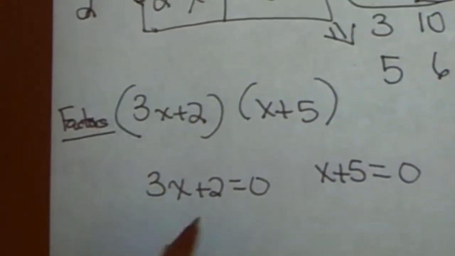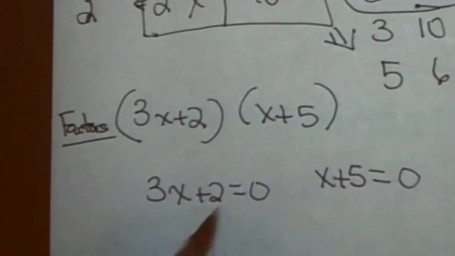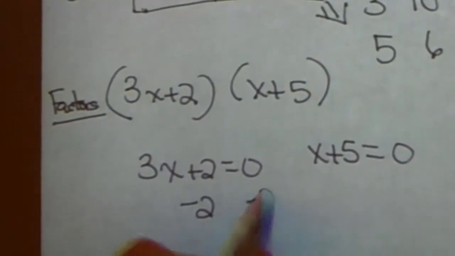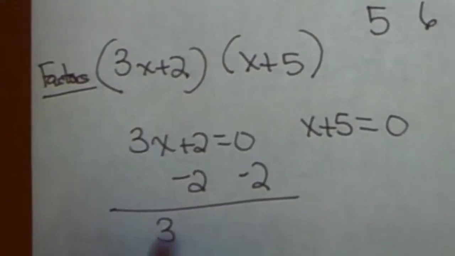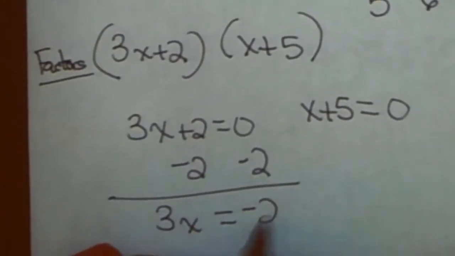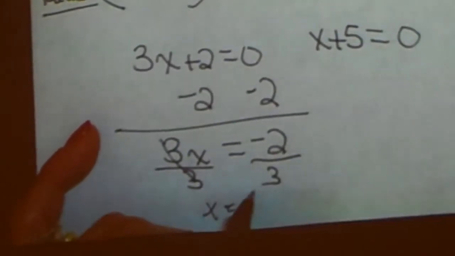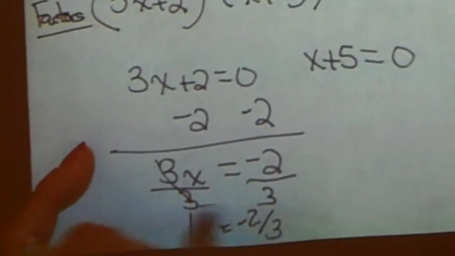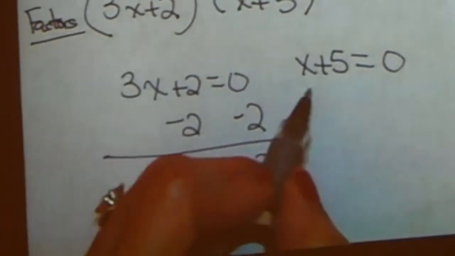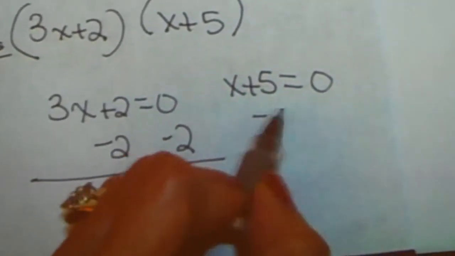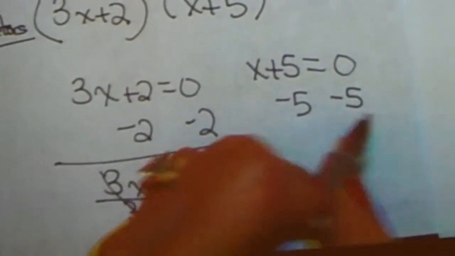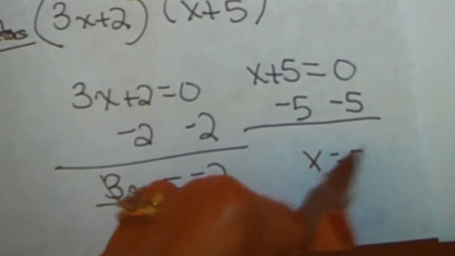Solving for x right here: minus 2, minus 2. 3x equals negative 2. Divide by 3. x equals negative 2/3. And then let's solve the other algebra problem: minus 5, minus 5. x equals negative 5.